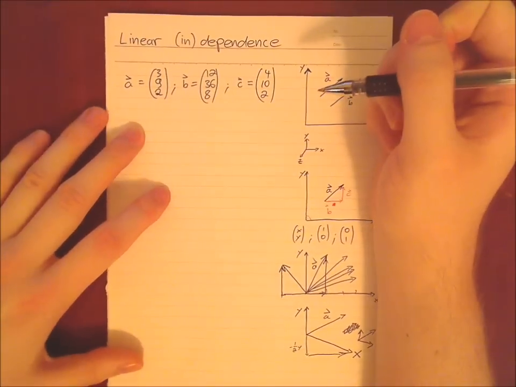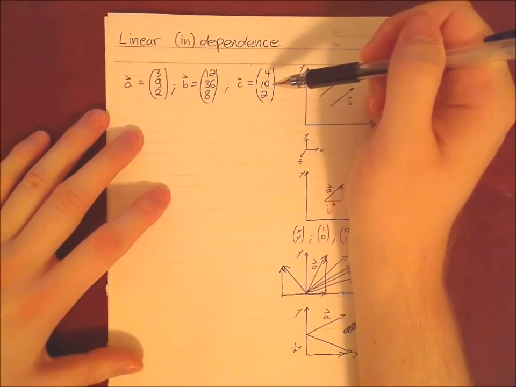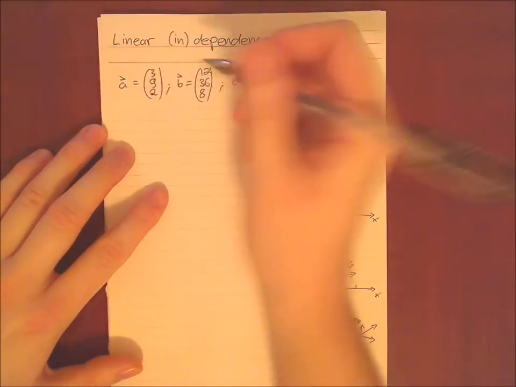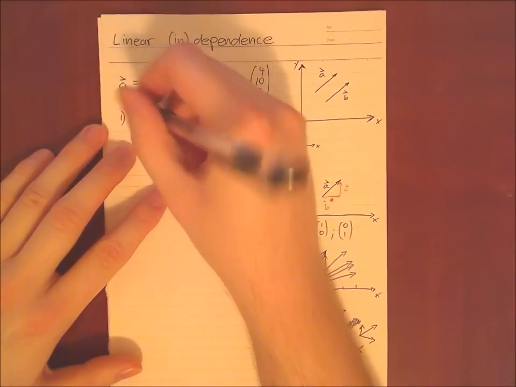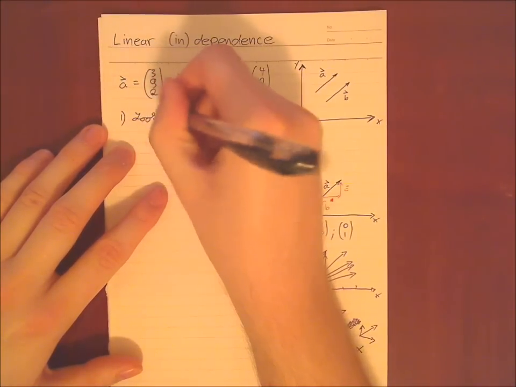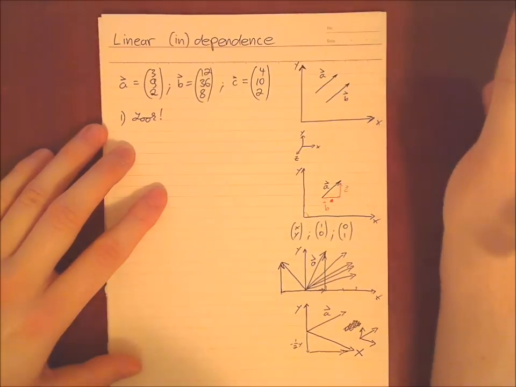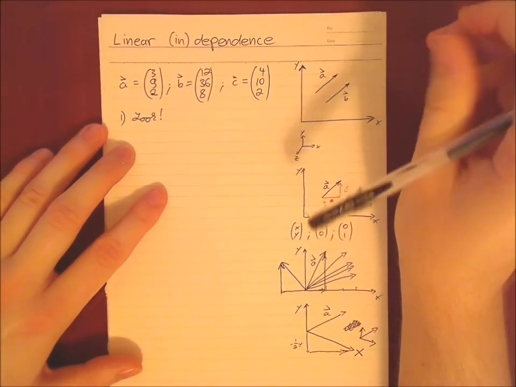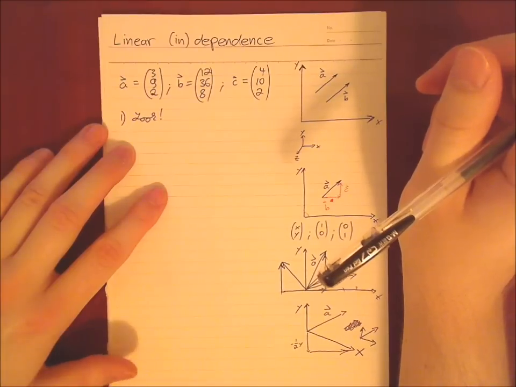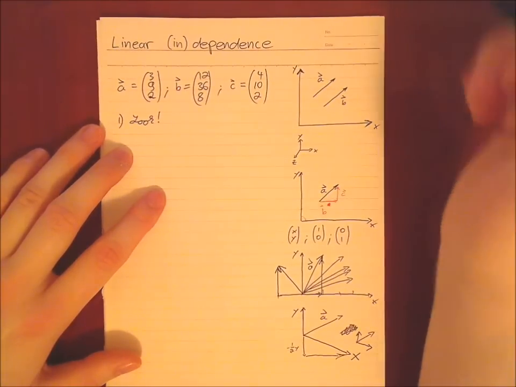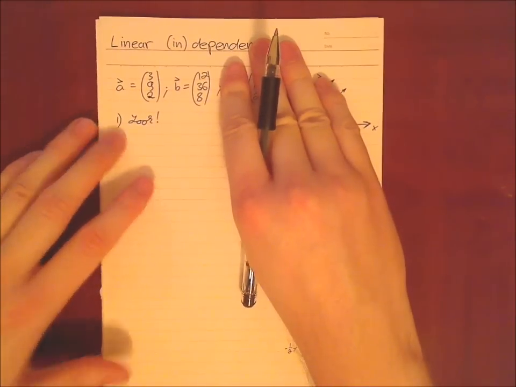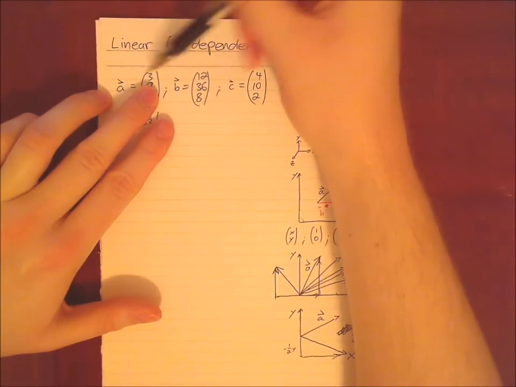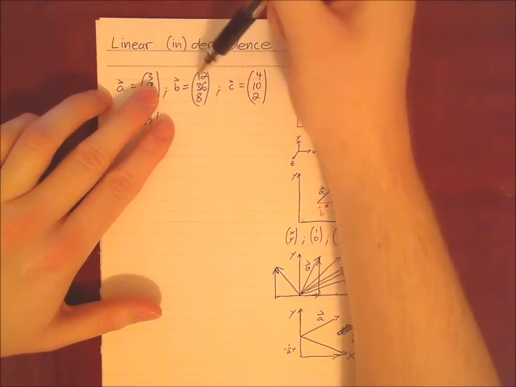And now we want to know, are those 3 vectors linear dependent or linear independent? The first step you want to do is just have a look and get an understanding of the vectors and what might be the solution. This already helps a lot. So we just look at 2 vectors and we see, okay, there we have 3, there we have 12. The connection might be 3 times 4 is 12.